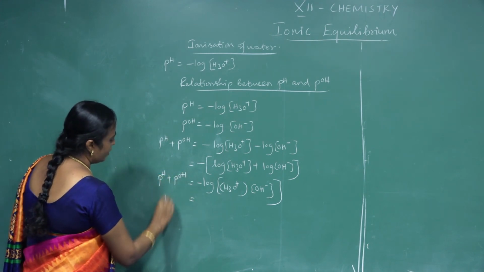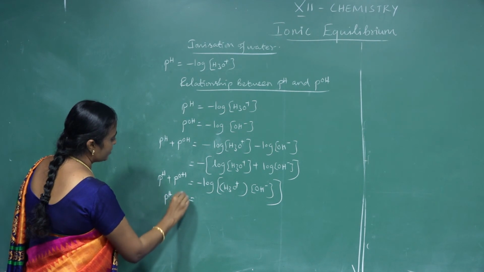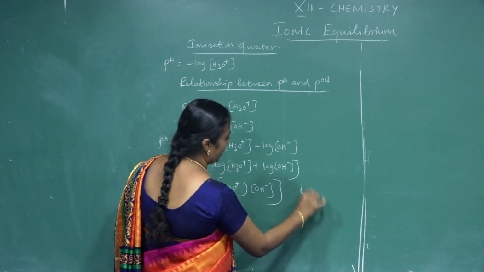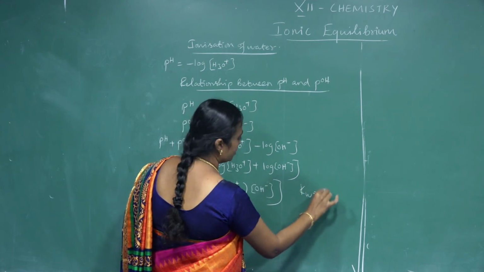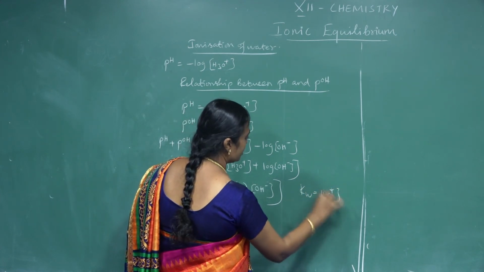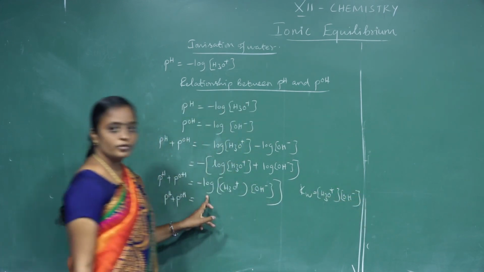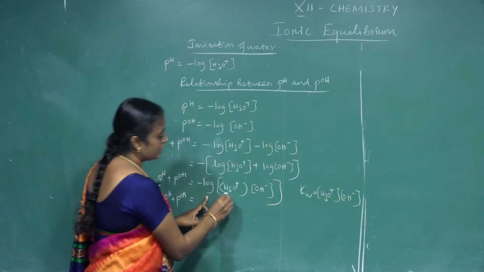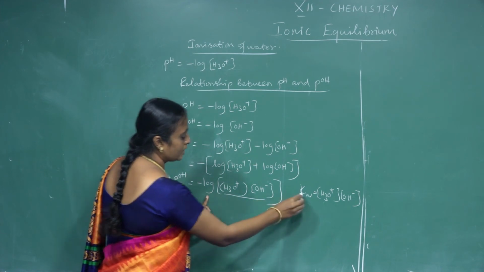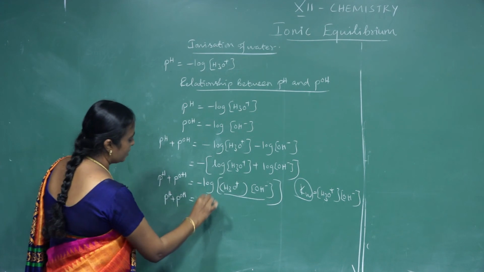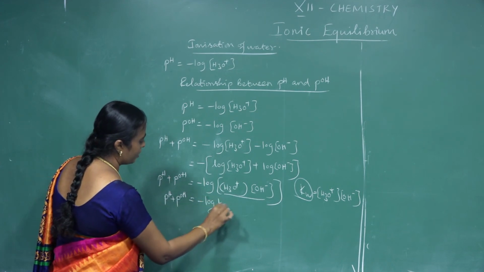Next we are going to substitute. We know that Kw value is equal to hydronium ion concentration times OH minus ion concentration. So here, H3O plus and OH minus, I am going to substitute Kw. So pH plus pOH is equal to minus of log of Kw.